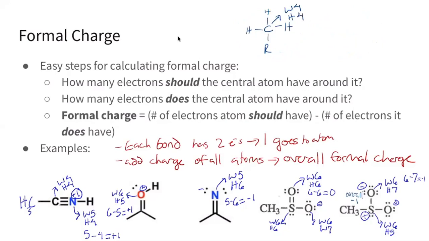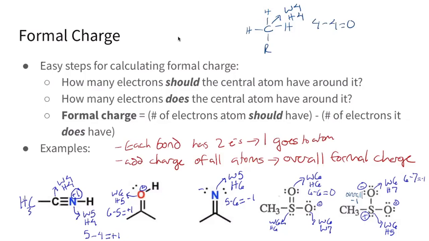And again, what's the formal charge on this carbon right here? If the carbon wants to have 4 and it has 4. Well, just as in a couple of our other examples, the formal charge on the carbon is equal to 0, because 4 minus 4 equals 0.